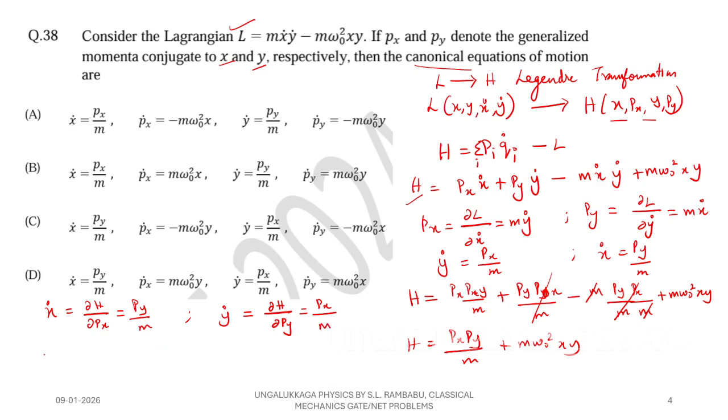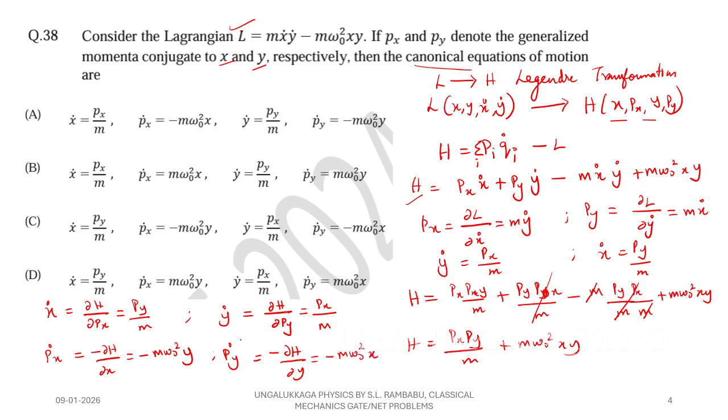Now px dot is equal to minus dou H by dou x, which is minus m omega naught square y. Then py dot is equal to minus dou H by dou y, which is minus m omega naught square x.